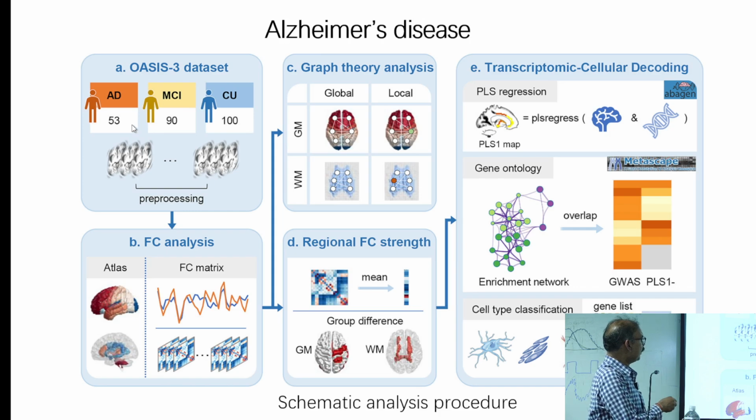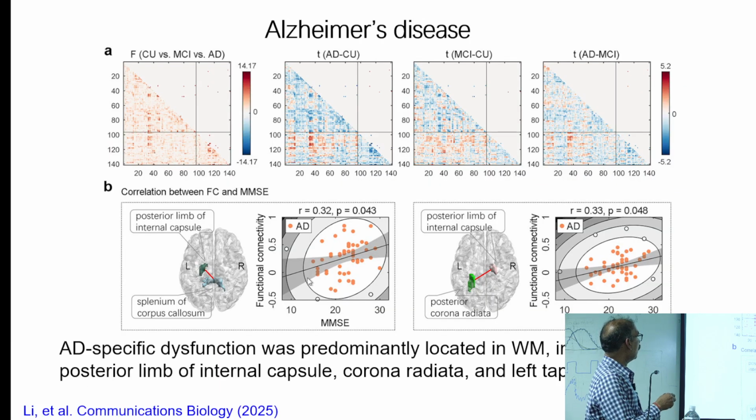And we use graph theoretical analysis, as I described before, right? Using different regions of interest, make this graph, look at their different properties, and then look at gray matter network, white matter network, and then see how they correlate with basically gene ontology. And this is looking at healthy control versus MCI versus AD.